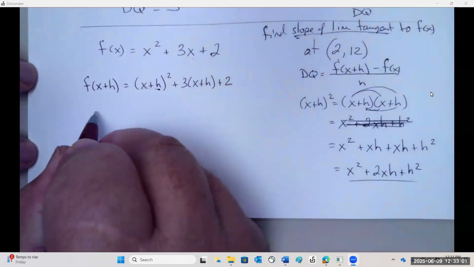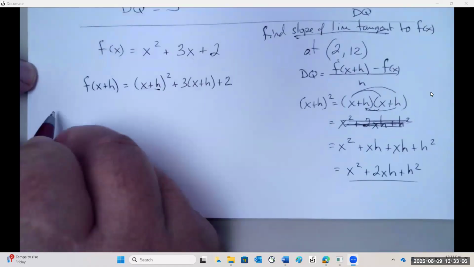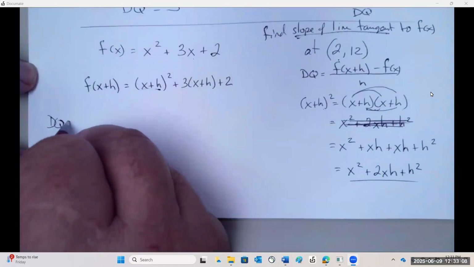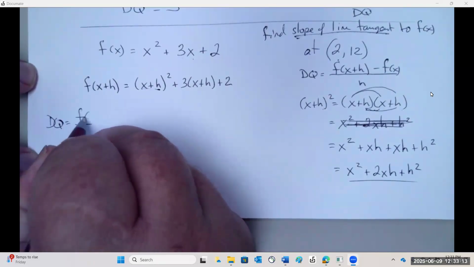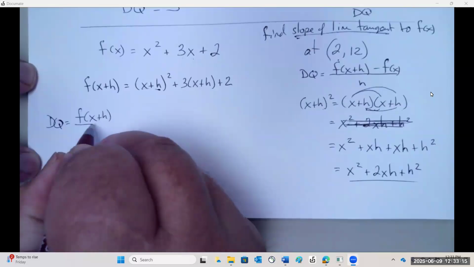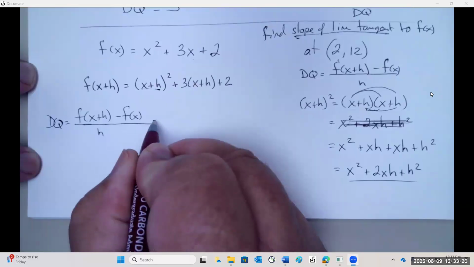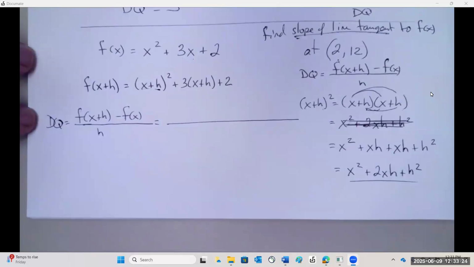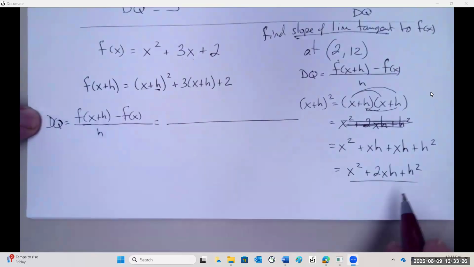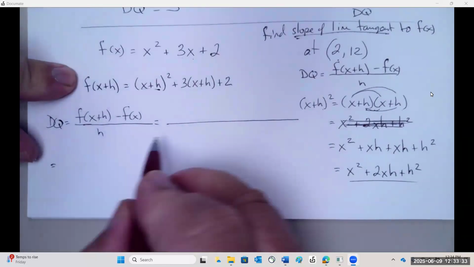So now we plug that inside there. I'll go ahead and work out the difference quotient. So it's f of x plus h minus f of x over h. F of x plus h is this whole thing.